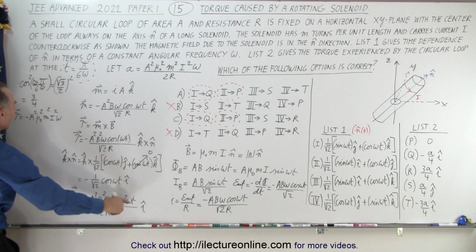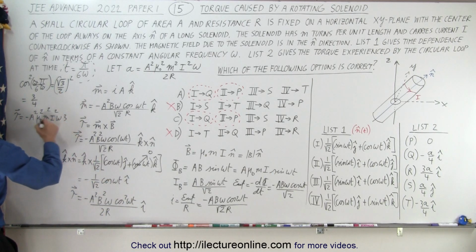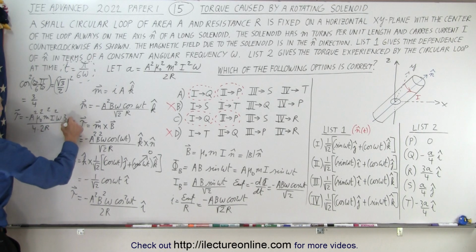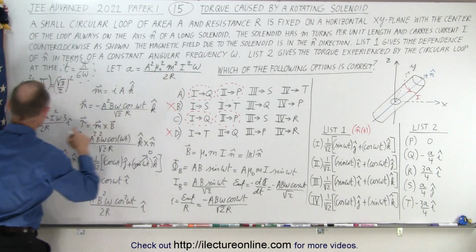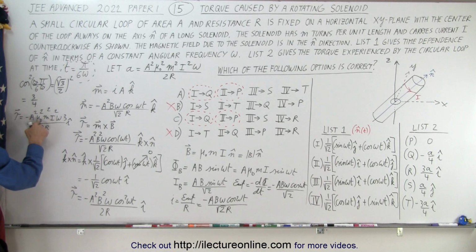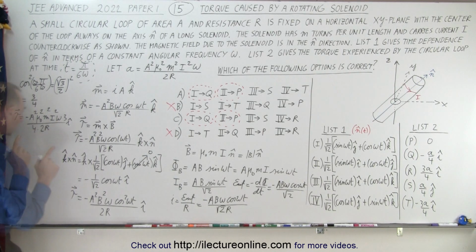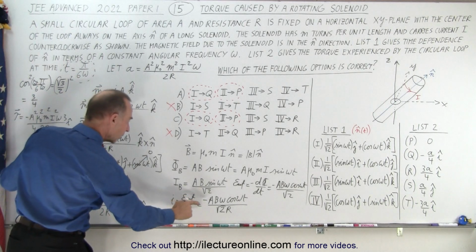The cosine squared of omega t is 3 over 4 times 2r in the I direction. Now remember that a is equal to this expression right here, which takes care of the a squared: mu naught squared, m squared, I squared, omega divided by 2r, and we're left with... I think I messed up the negative sign. Let me check real quick.